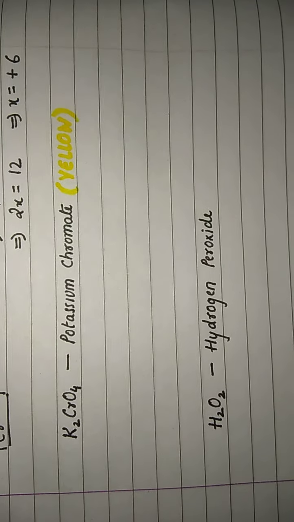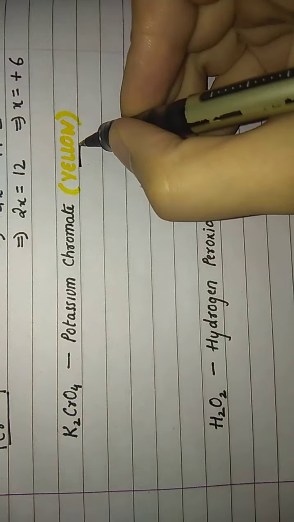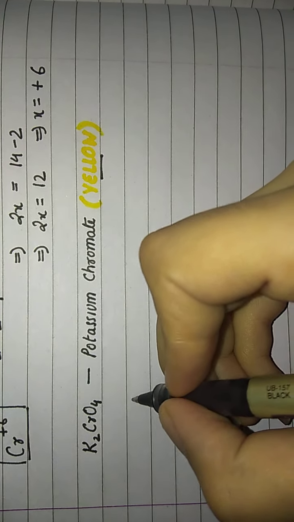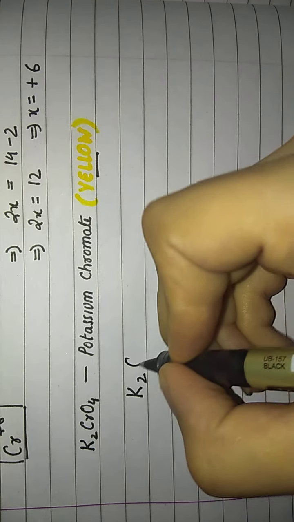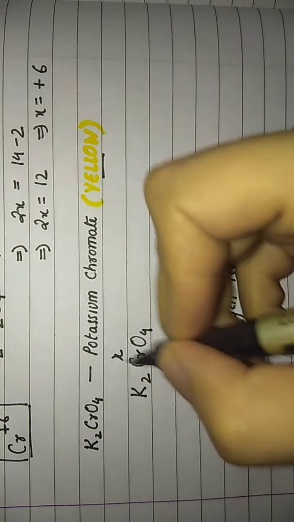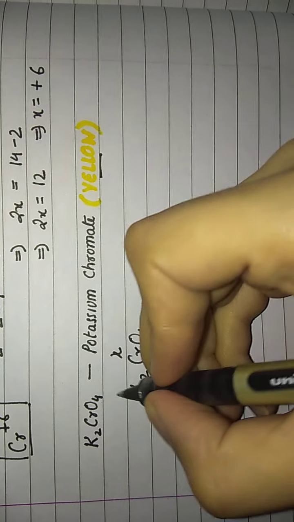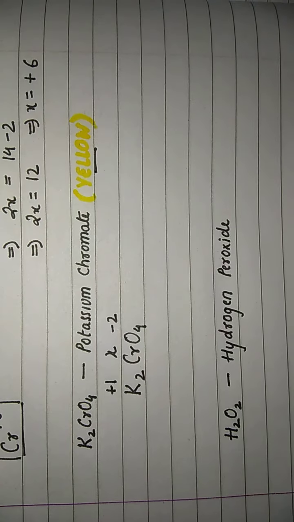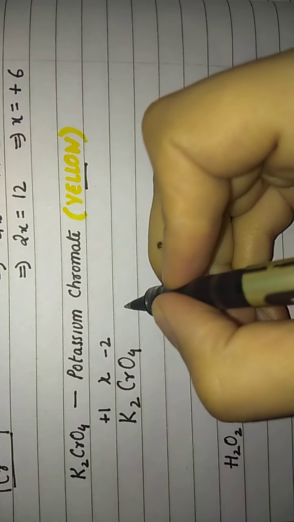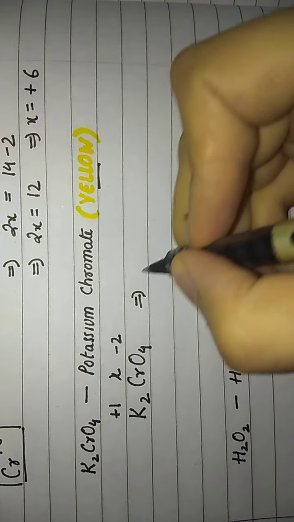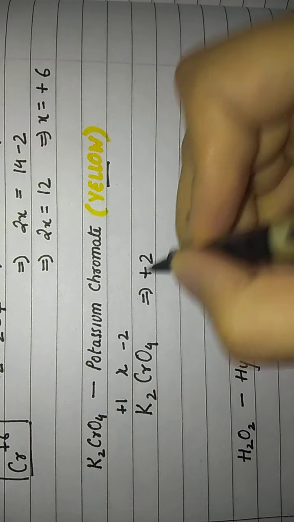Then we have potassium chromate, which is a yellow colored compound. Again, let us calculate the oxidation state of chromium in this compound. Let it be X. So this will be +1 and this will be -2. So how are we going to make the equation? The equation will be +1 into 2, +2.